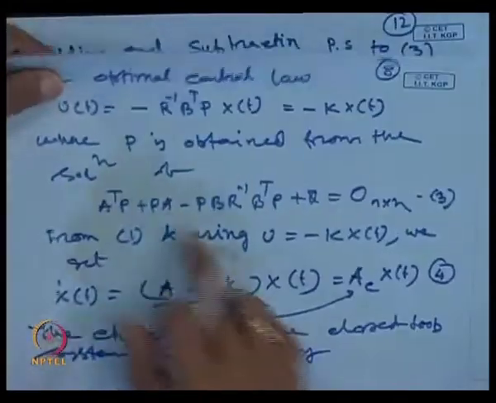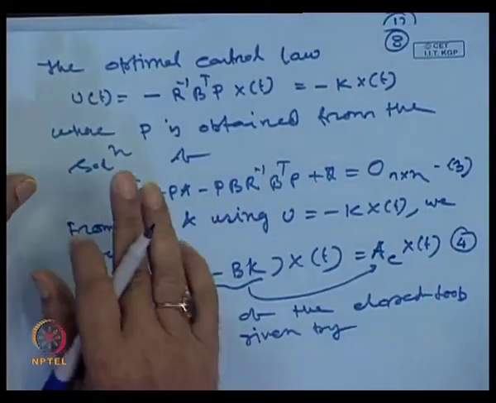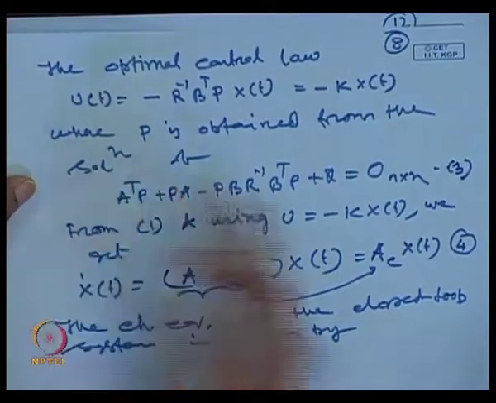Equation 3 is our algebraic Riccati equation. With this equation, we are adding P into S and subtracting.